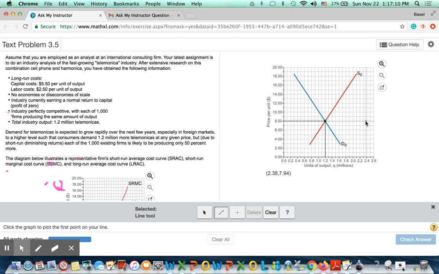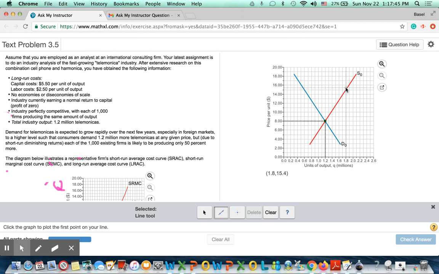Okay, now we need another point, and then we connect them. So I'm going to pick maybe this point. When the price is 14, quantity demanded is 0.6. So 0.6 plus 1.2 is 1.8. So at this price, this will be the new quantity demanded.